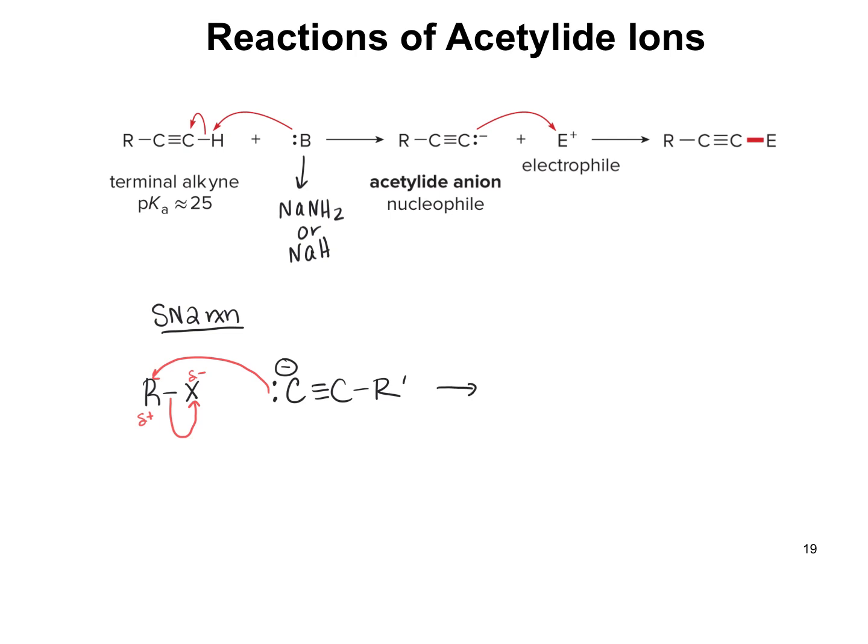And so when we follow our arrows, we see now we have an RC triple bond CR prime. And the prime there just means that R group can be different or the same as the R here. It's just a way for us to keep track of where our generic R groups are going. And then our leaving group. Now, a few things here.